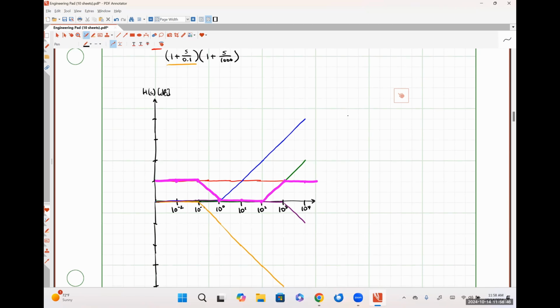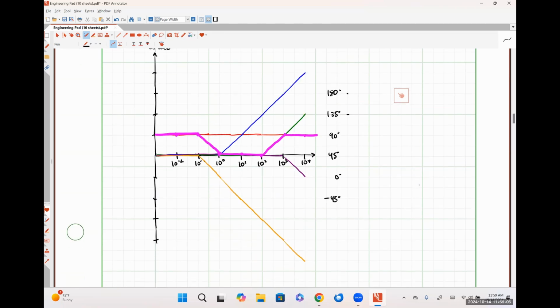So over here, let's do a phase response. Okay. So let's make this plus 180, 135, 90, 45, 0, minus 45, minus 90, minus 135, and so on and so forth.